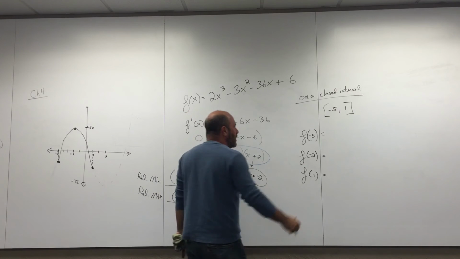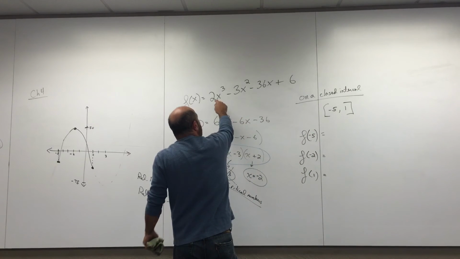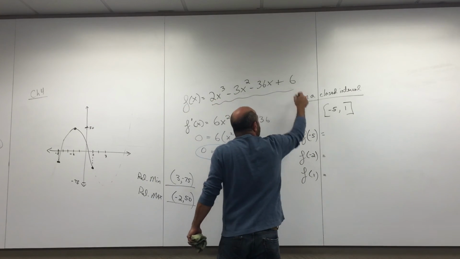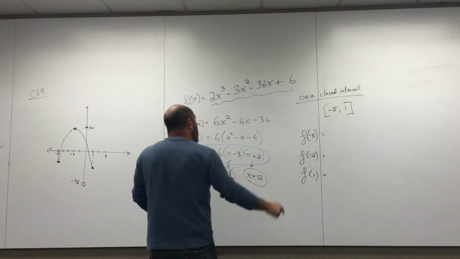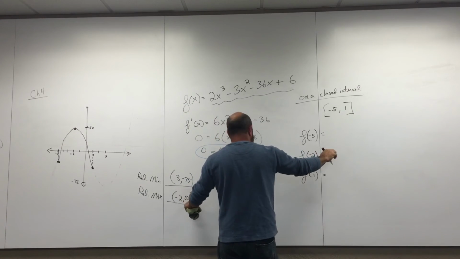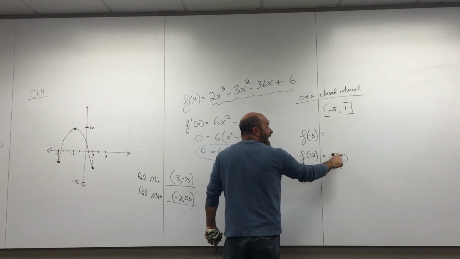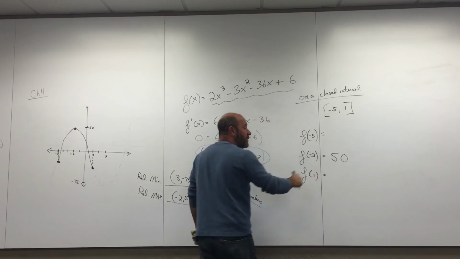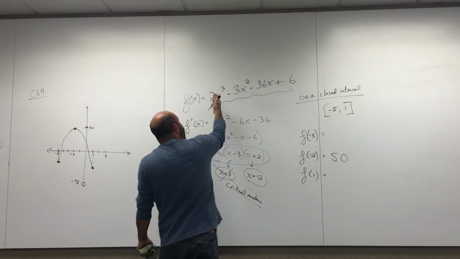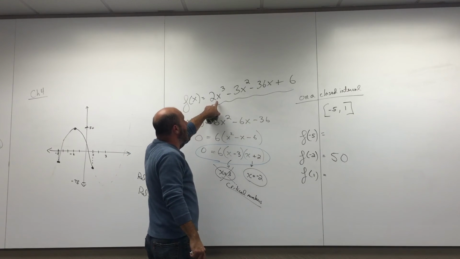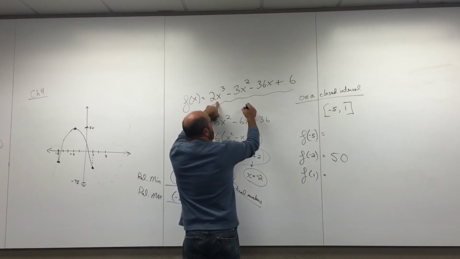Here I go. I'm plugging a negative 5 into the original function. By the way, let's plug a negative 2 in the original function. I already did that. That was 50. Okay, so so far that's the highest y value. It's the only y value. Let's plug negative 5 in the original function.